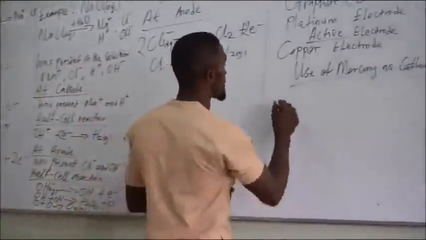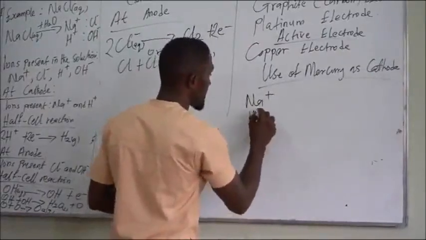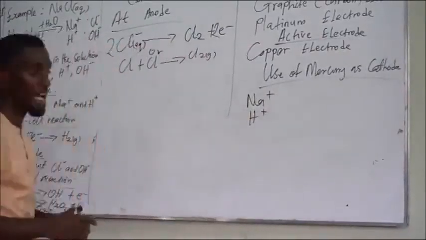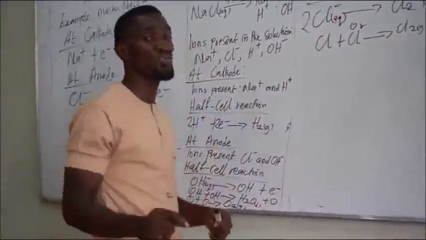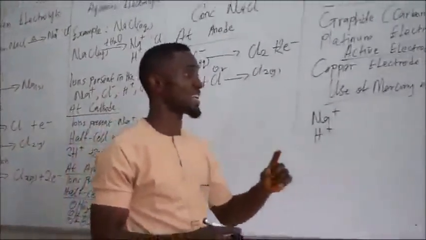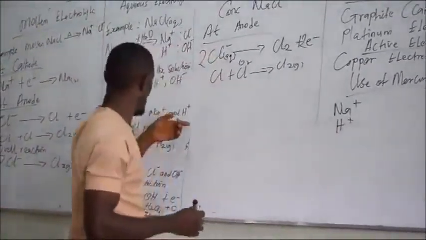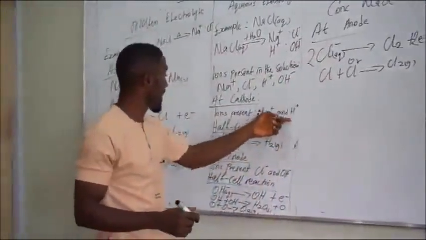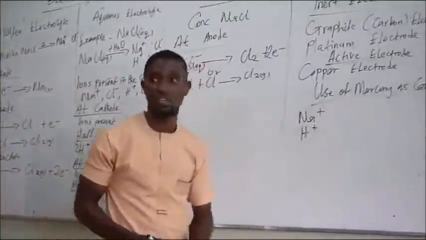Supposing we have sodium ion and hydrogen ion that migrate to the cathode. If mercury is used as a cathode, the ion that will be discharged at the cathode will not be hydrogen ion, as we have with these other ones. It will not be hydrogen ion. Rather, sodium ion.